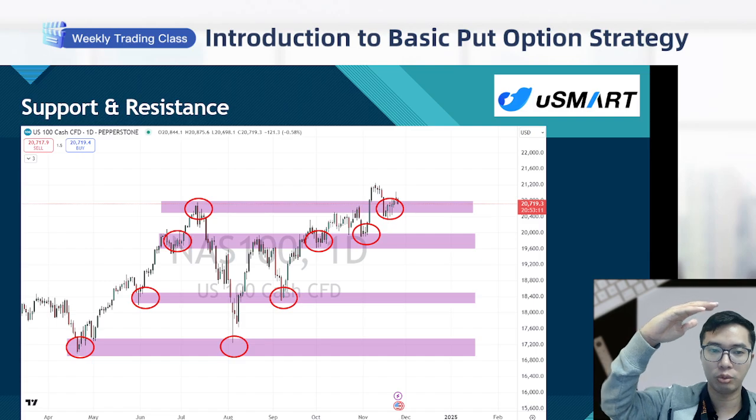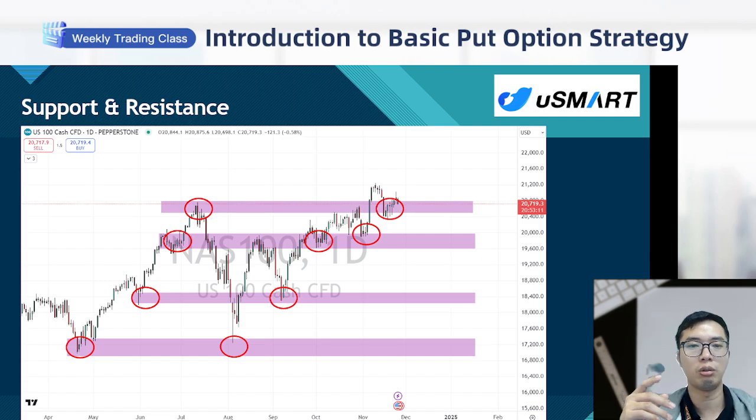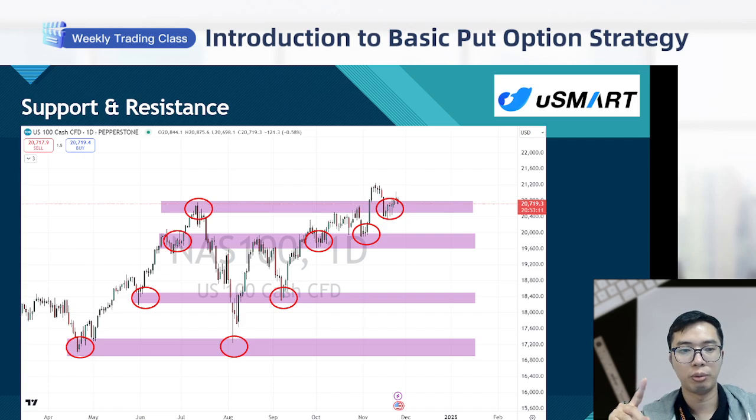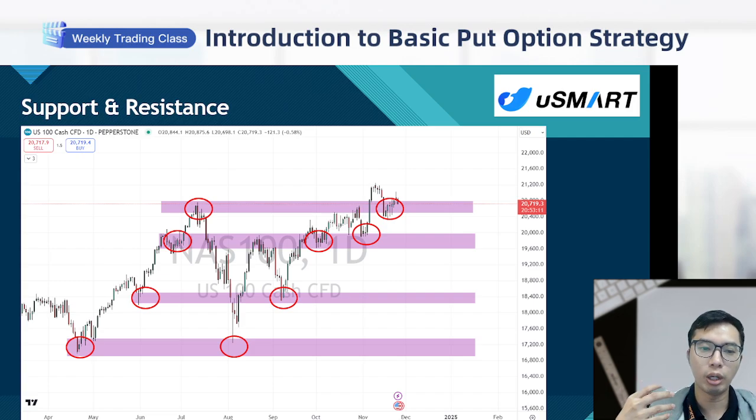So the market will reject from the resistance and also bounce from the support. So we want to trade long or short at these areas. We don't want to short in the middle of nowhere. We have to know where the high or low of the market is. Then we try to find the support and resistance.